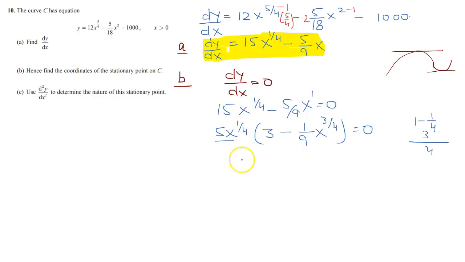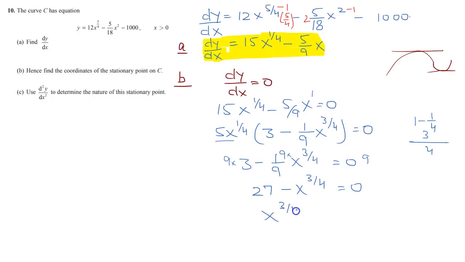So if 3 minus 1 over 9 x to the power 3 over 4 is equal to 0, multiply each by 9, so this is 27 minus x to the power 3 over 4 is equal to 0. x to the power 3 over 4 is 27. x will be 27 to the power, now reciprocal, 4 over 3. 27 can be written as 3 cubed, to the power 4 over 3. 3 cancels.